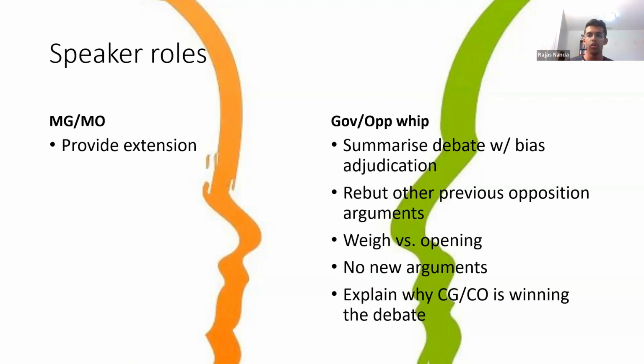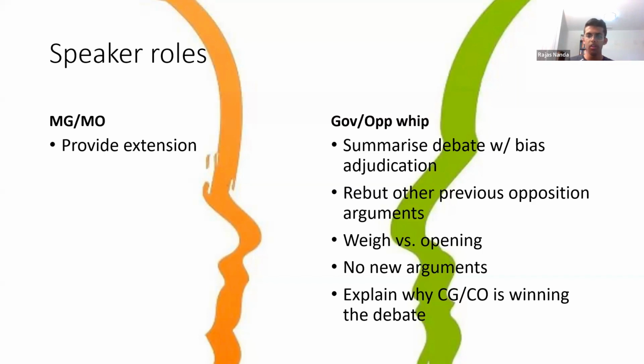And so what they want to do is finish off the debate by saying why their team won. So you're summarizing the debate, but you're also doing it in a biased way to explain to the judge, oh, this is why our team comes out on top, why we get first place instead of fourth place, and things along those lines. You want to be really explaining why what your partner said is the most important thing in the debate and why their argument has won the debate.